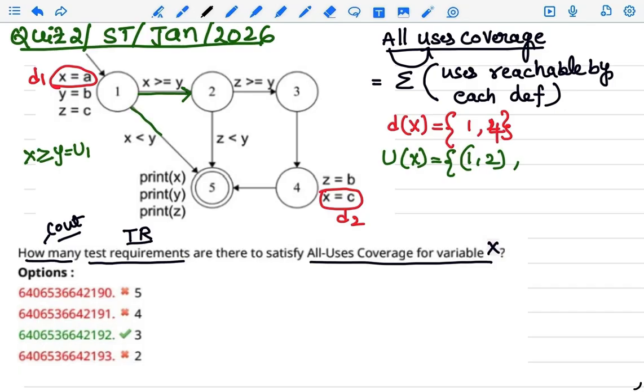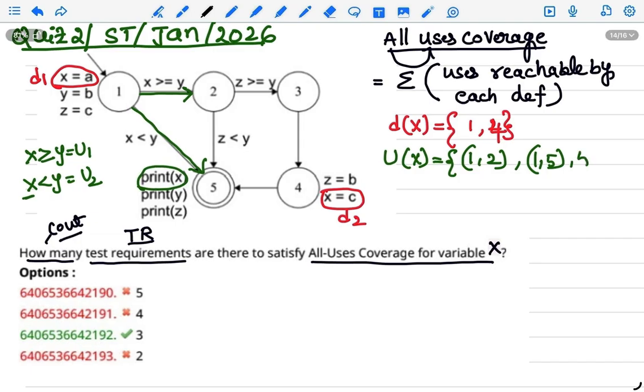Next, this is another use at edge 1 comma 5, which is x less than y. This is use 2. Here we are using x, right? And print x at node 5. So that is use 3, print x.